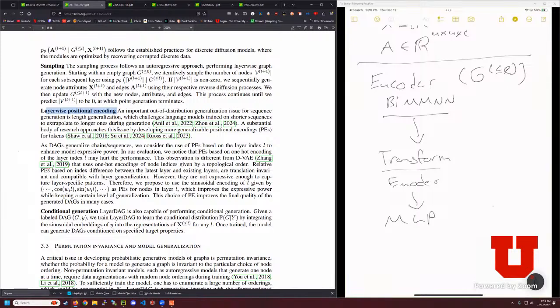But in their code, I didn't see where they used it. But there is potential that they are adding in some sort of positional encoding information when they're sampling X and edges.